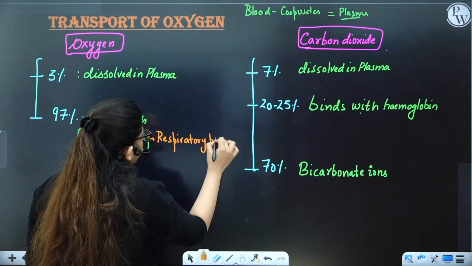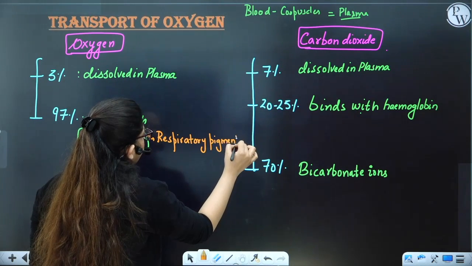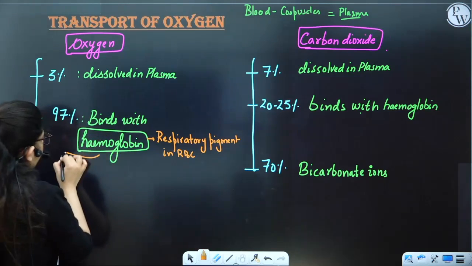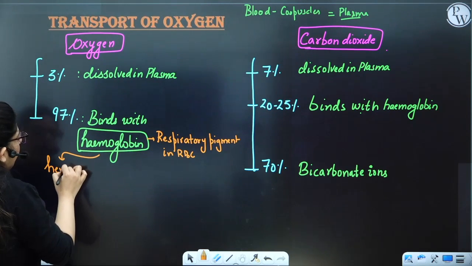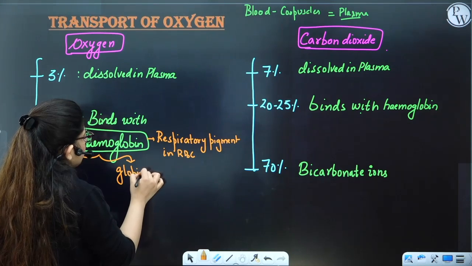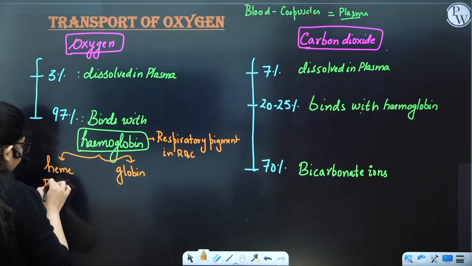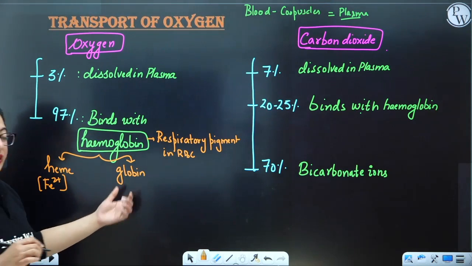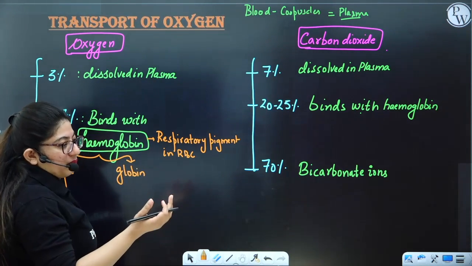Respiratory pigment in RBC. If I talk about hemoglobin, it is formed of two components. One is heme and another is globin. The heme portion contains iron. What does it contain? Iron. Whereas the globin is formed of chains of amino acid.